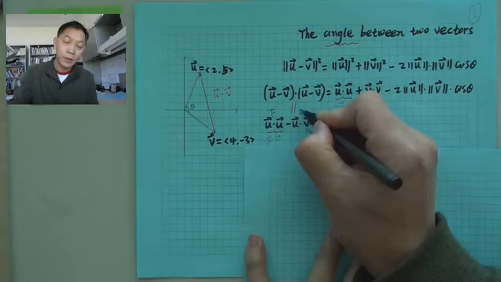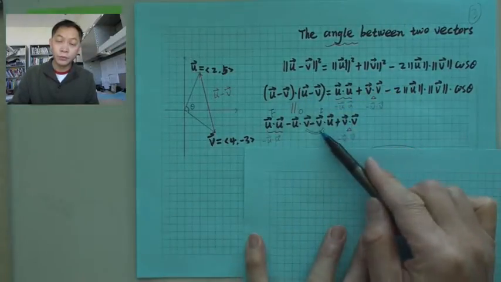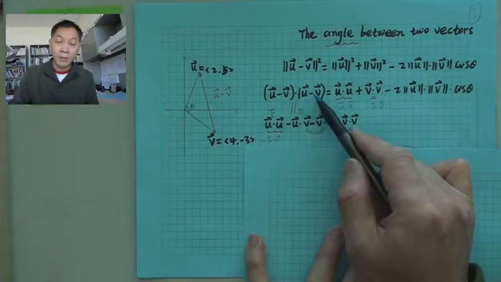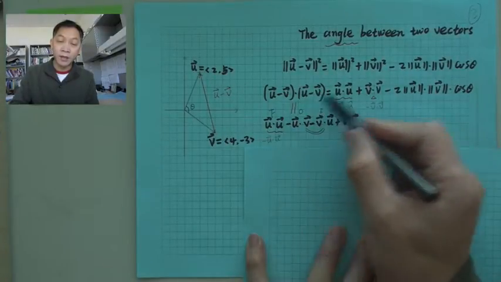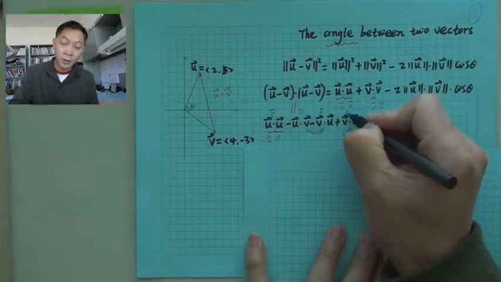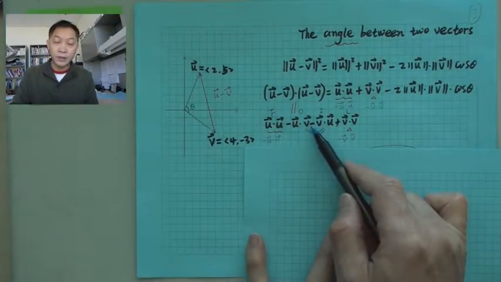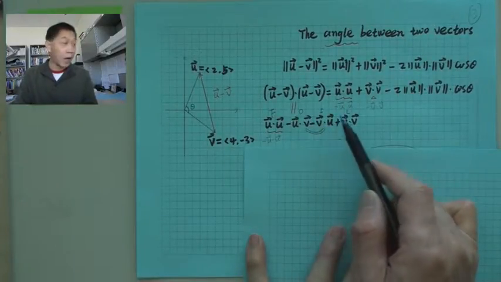I means inner, v dot u. And the last one is negative times negative, which is positive, so you have v dot v. So it's FOIL. And again, u dot v is the same as v dot u because it commutes.